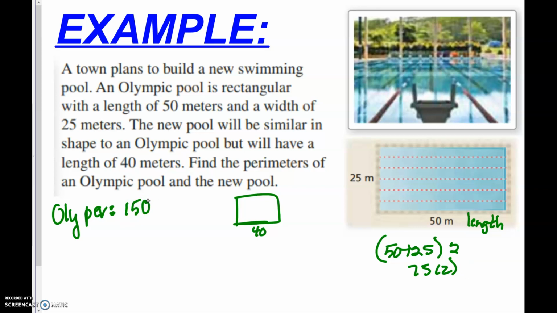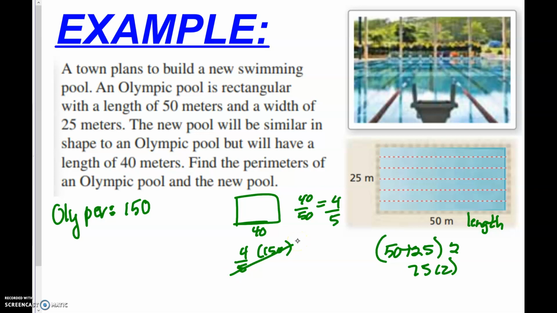All right, so now we can take this ratio. So we're going from bigger to small. So this ratio is from 40 to 50. So this ratio is 4/5. So the perimeter of this one is going to be 4/5 times 150. So 4/5 times 150, let's see, 5 goes in there.